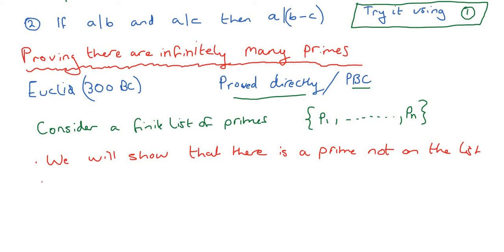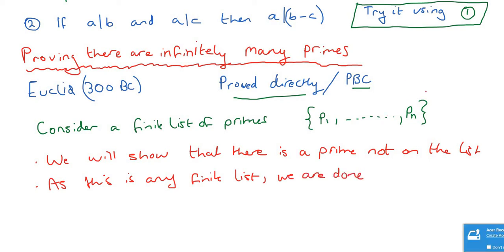So what will this do? Well, as this is just any finite list, we are done. Because if there's some prime not in this list, then this must mean that the list is incomplete, and so there are more primes out there.